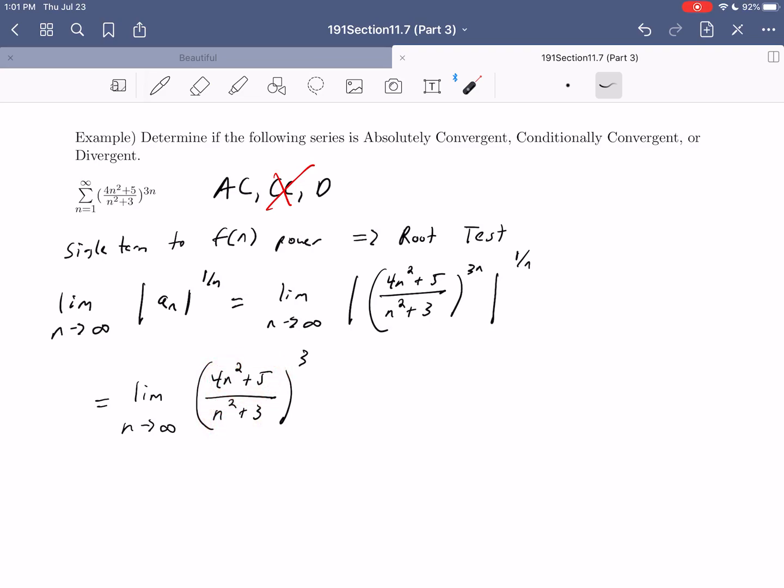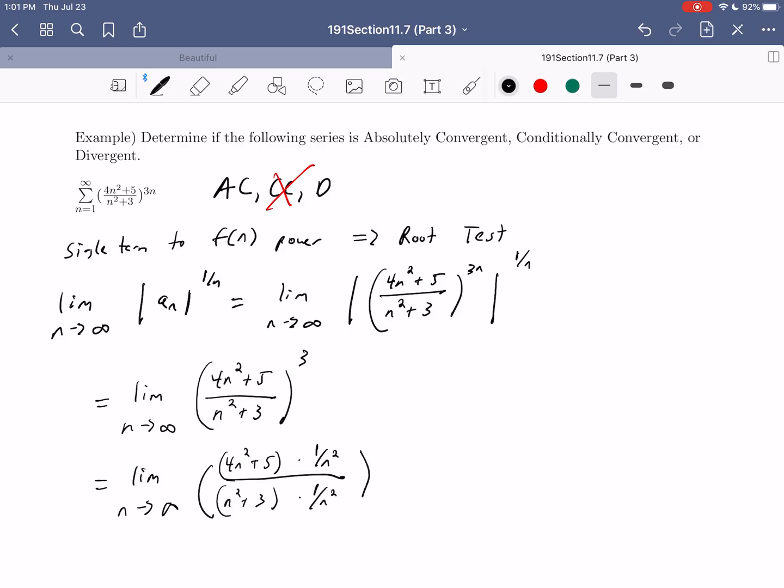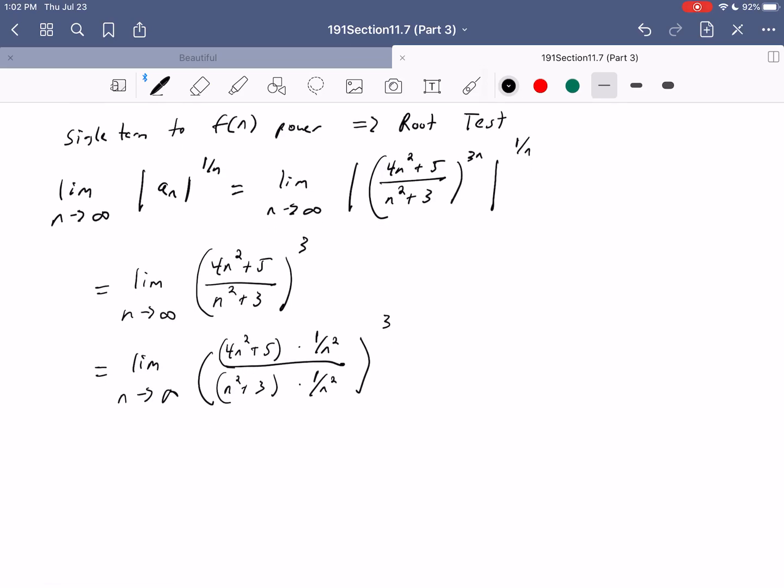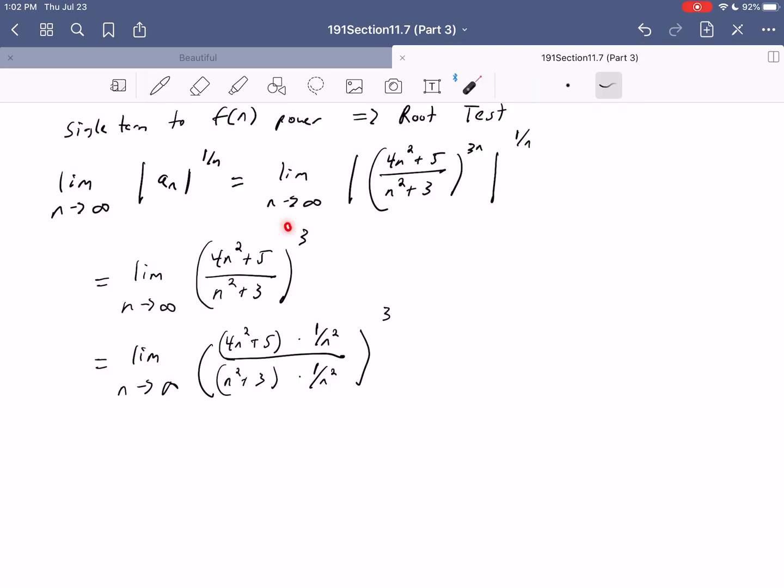But that's way messier than we need to. Instead, we can be a little clever here and figure out what's going on inside. So let's go ahead and multiply top and bottom inside our expression by 1 over n squared, like we normally would. And our cube is still out there. This is what we would normally do if there wasn't that cube.